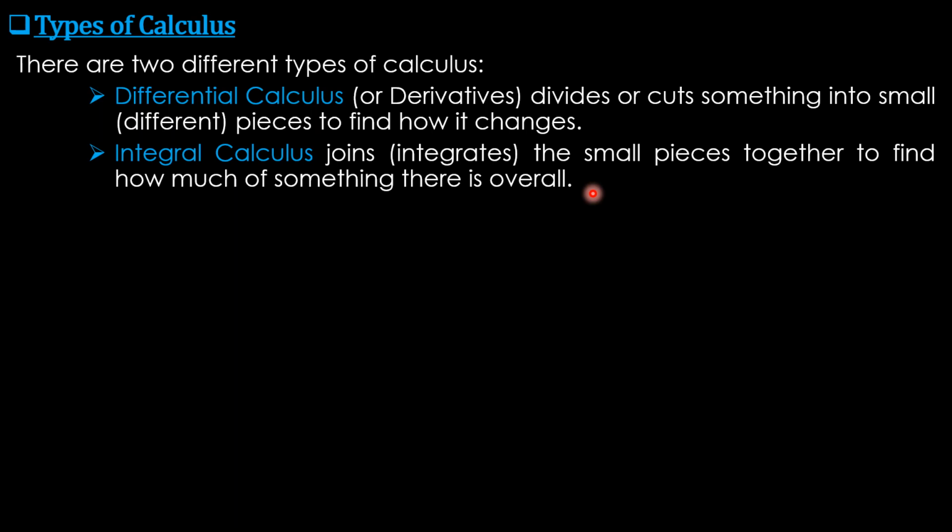So these are the very basic concepts of differential calculus and integral calculus. Differential is the one that divides or cuts something into small different pieces, whereas integral calculus integrates or joins the small pieces together.